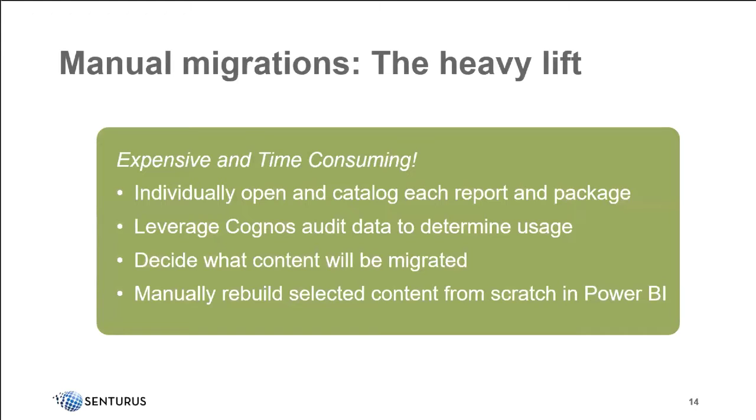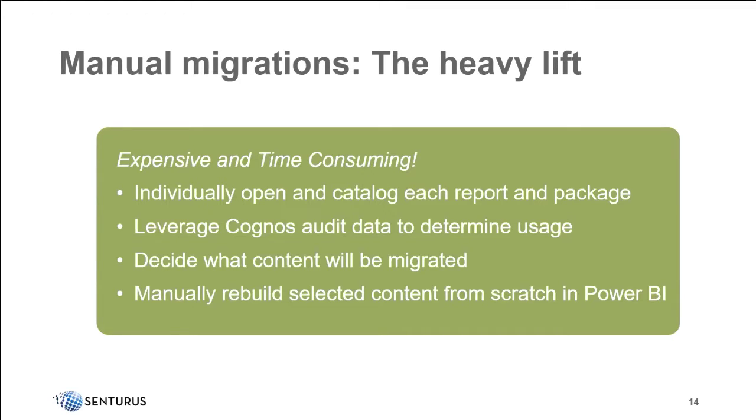Manual migrations are a heavy, heavy lift. It's expensive, it's time consuming. You have to open up and catalog each report and package by hand to figure out what's in there. You do have the benefit of being able to use the Cognos audit data to take a look at usage, so you can at least get a sense of what reports are most popular, and that can help you prioritize what sequence you want to move things across in.